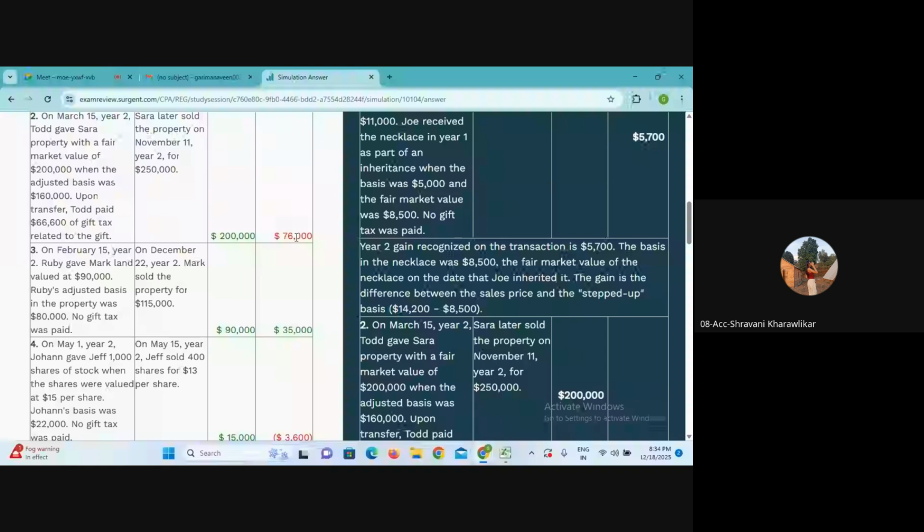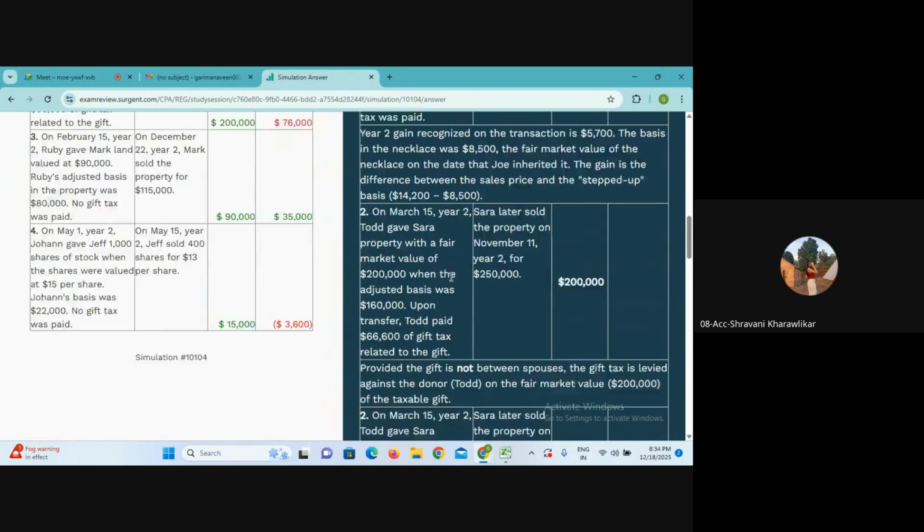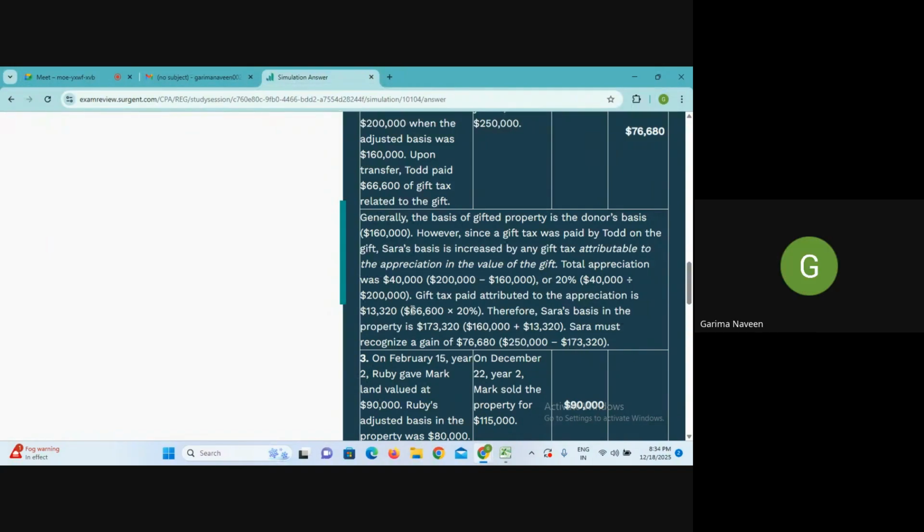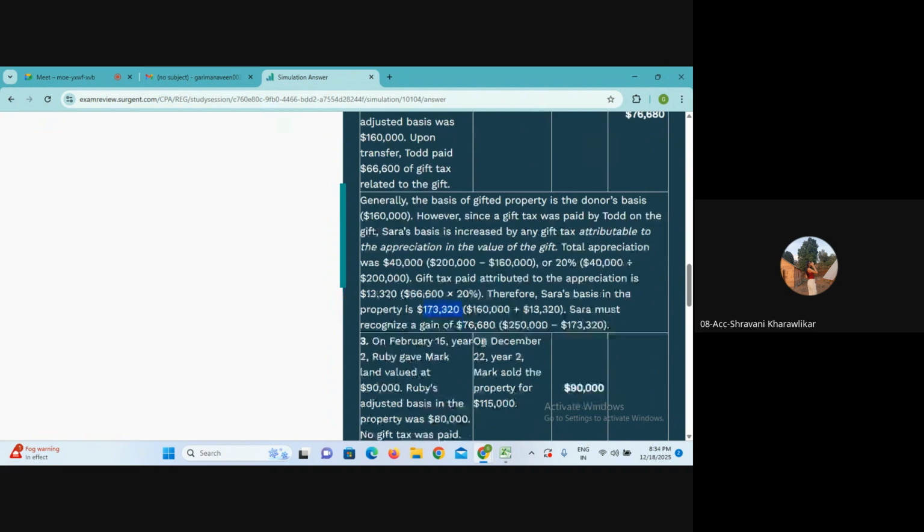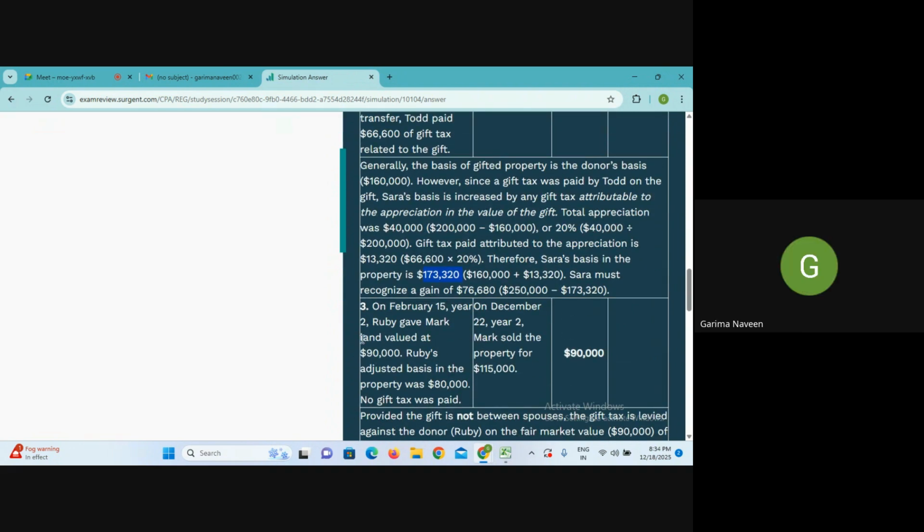Ma'am, it was 40,000 divided by 2 lakhs, into 66,600, right? Yes, that is 13,320. It will be added to the basis, that is 160,000. Yes, it will be added to this basis: 173,320 minus 250,000, the selling price, gives 76,680.